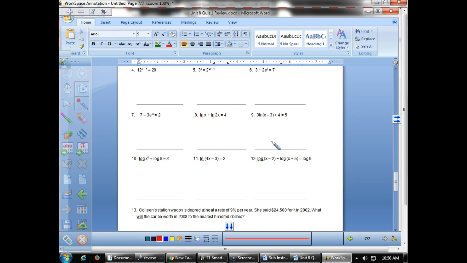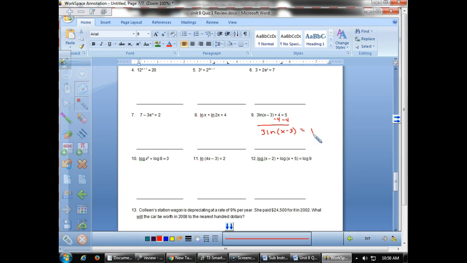So I do want to tidy this up a little bit. I subtract 4, because I want to get the log all by itself. So that's my starting point. Then I get a 1 over here. Now, divide by 3. I can divide by 3 here only because there's just a number on that right side. If I had a log, I can't do that.